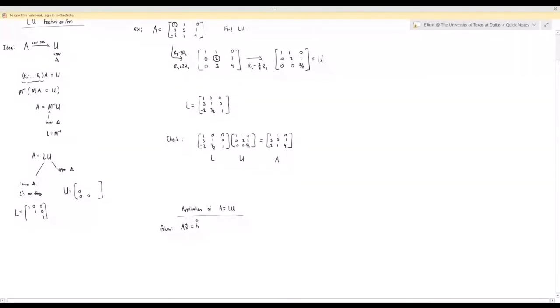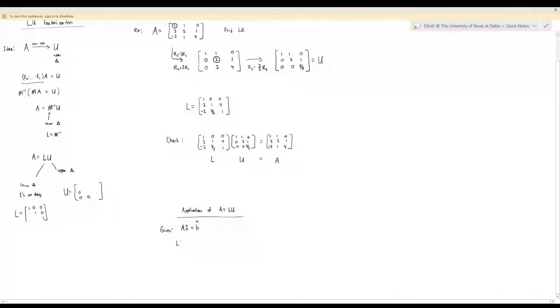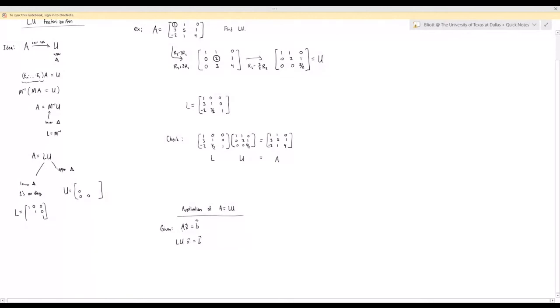So let's suppose we have an equation Ax equals b, and then we have this LU factorization of A. So knowing that A is LU, we can rewrite the left-hand side as LU times x equals b, just replacing A with the equivalent product LU. Okay, and then because L and U are triangular matrices, it turns out that we can solve for x without doing any elimination.